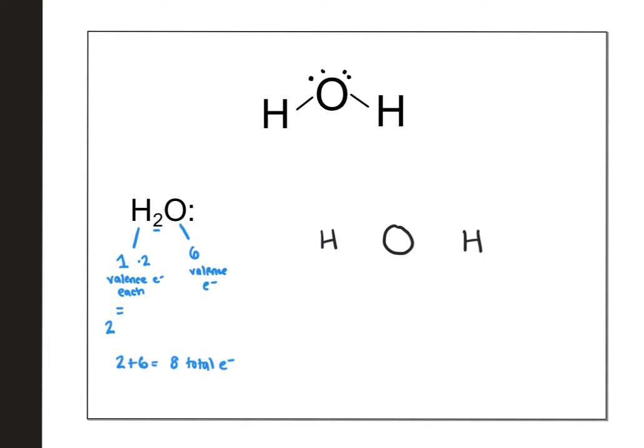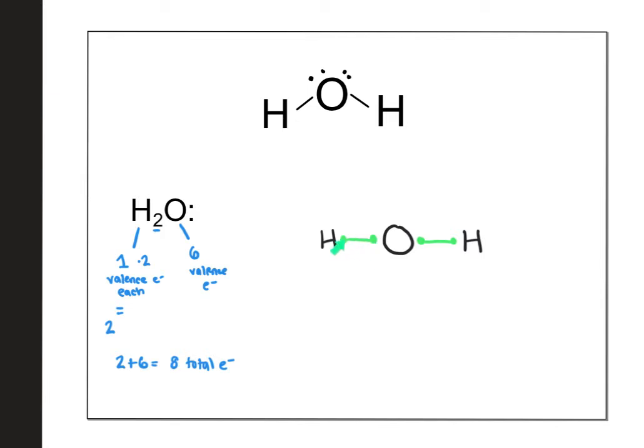Now that we've arranged the elements, we are going to connect those elements to the center one only using single bonds. So here's how it works. I want you to picture connect the dots. If you ever played connect the dots as a kid, you literally just draw lines in between the numbered dots. And here's how those dots work. In each bond, there are 2 electrons, one right here in that dot and one in this dot.